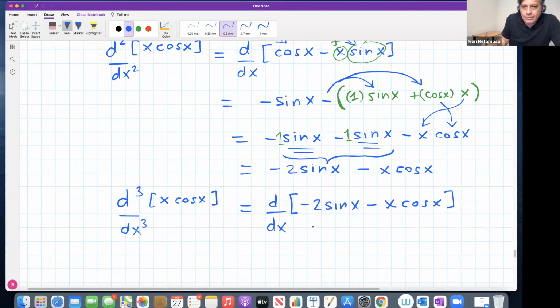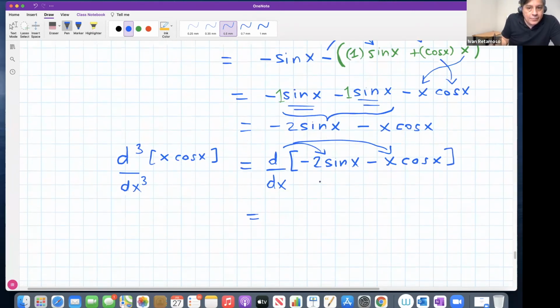Let's do this carefully. Distribute your derivative over, right? And you will see that here for this first term, minus 2 is a constant, comes out as a constant, and the derivative of sine of x is simply cosine of x, right? Cosine of x. So we are done with this part.